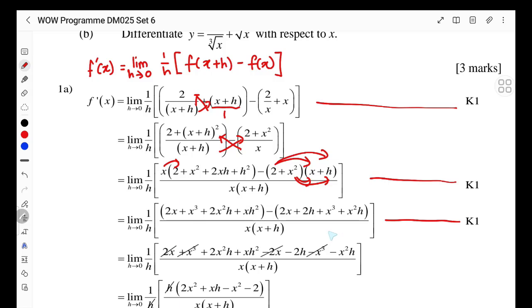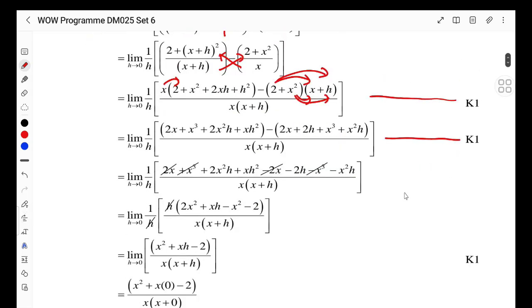And then we can see from here you can simplify 2x and minus 2x, x cubed minus x cubed, and the rest stays the same. Now you are left with the function 2x squared h plus xh squared minus x squared h.